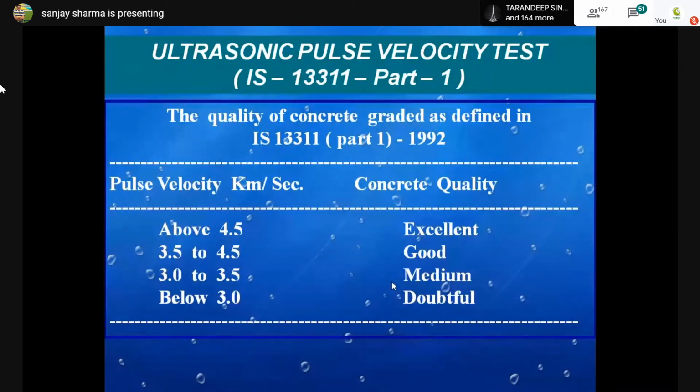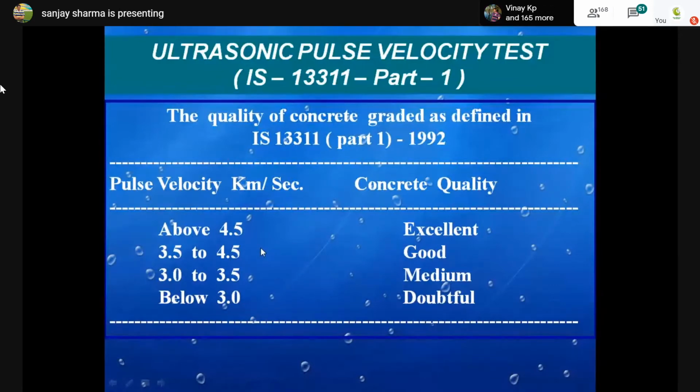Nowadays work is going on to see whether it is applicable to high strength concrete, because there is not a proportional increase in velocity. For example, M25 may give a value of 3.8 to 4.0, M30 may give 4.1, and even M40 may give only 4.2.